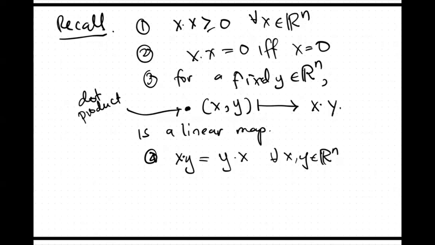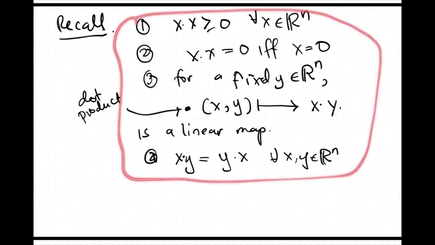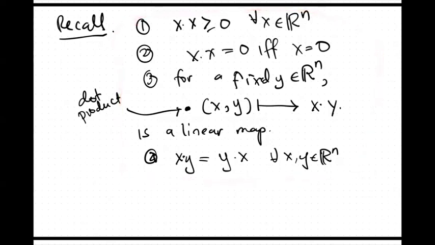So we have these properties here, and we want to make an abstract structure with these properties such that we can make a definition that will be useful for both the real and the complex vector space. Here we are only concerned with the real vector space, but we want a structure that is okay with the complex vector space.